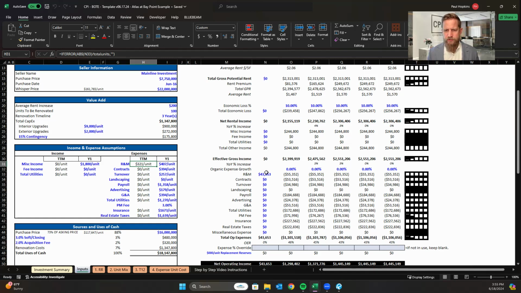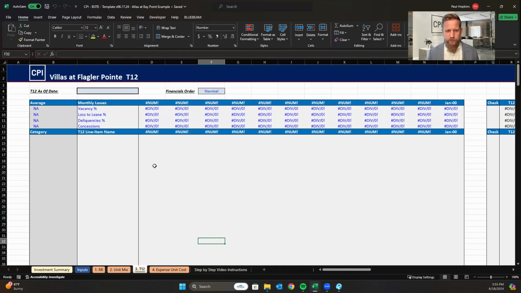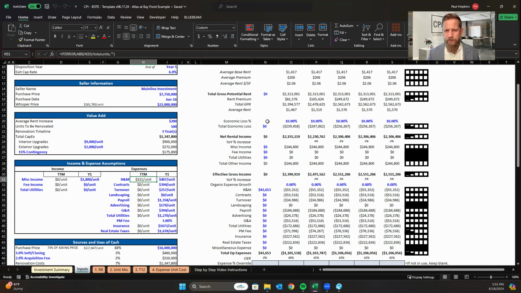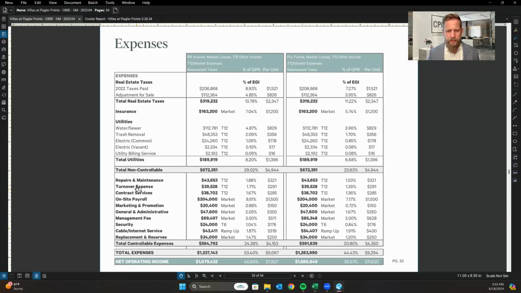So again, you continue to fill out all this information, or using the T12 inputs tab, which I'm going to show you later on in this video. So you keep on entering in this data, and same with up here. You can start entering in all the data up here from the offering memorandum. So again, turnover expenses 39,528.